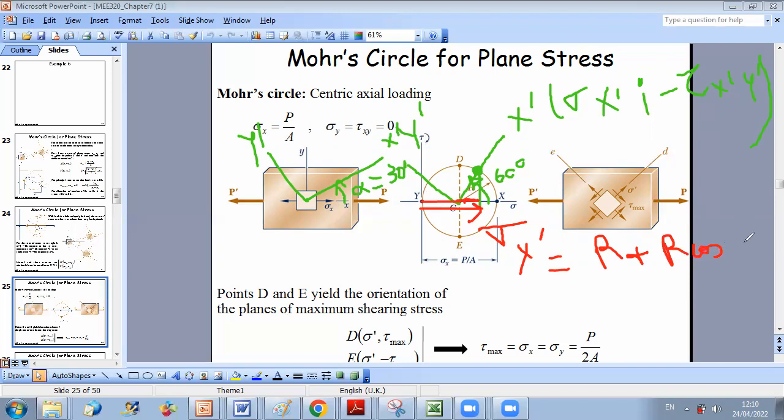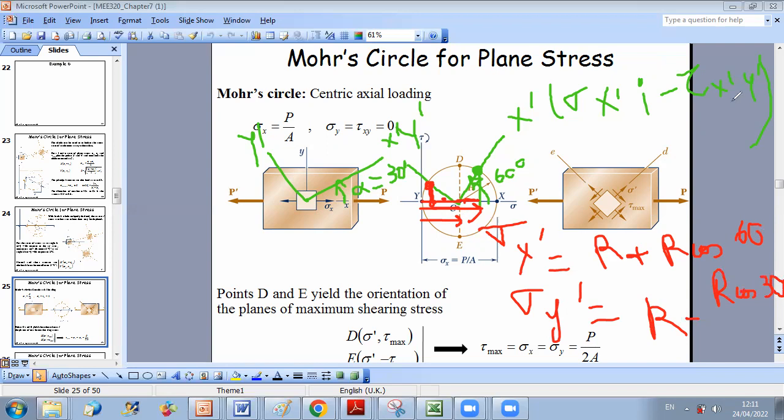So this is how geometrically you can find sigma X prime. And for y prime, also you do projection. You say that sigma y prime is equal to the radius minus this distance. This distance is r cosine, this angle is 30. So sigma y prime is r minus r cosine 30.